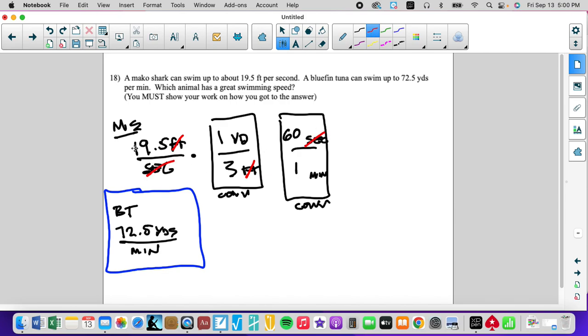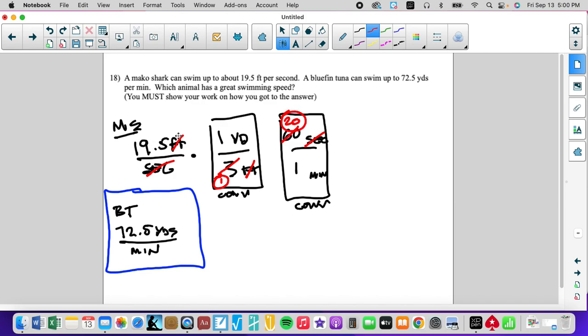And now, instead of multiplying, I'm looking to cross cancel. Do I have something in the numerator that will cancel with something in the denominator? Yes, 3 and 60 have a common factor. 3 goes into 3 once, 3 goes into 60 20 times.